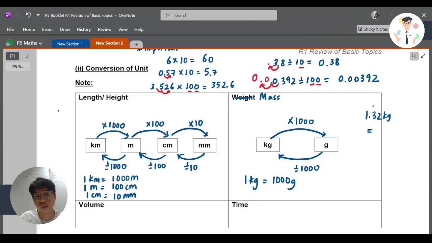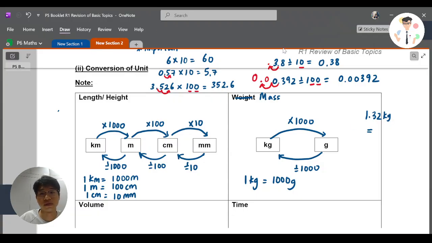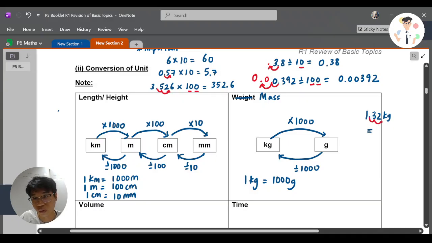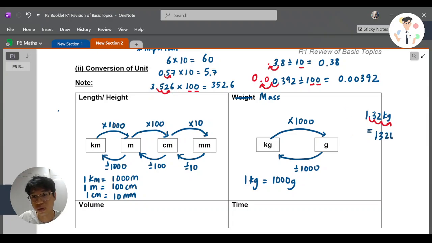If I want to find gram, what should you do? I multiply by 1000. And 1000 has how many zeros? I have 3 zeros. So I need to move this to the right 3 times. So 1, 2, 3. In gram, it will be 1320 gram.